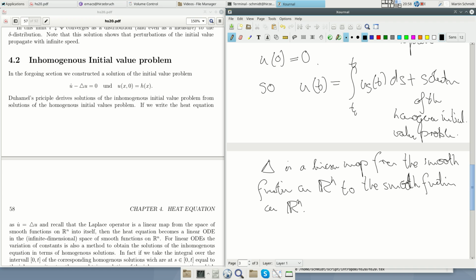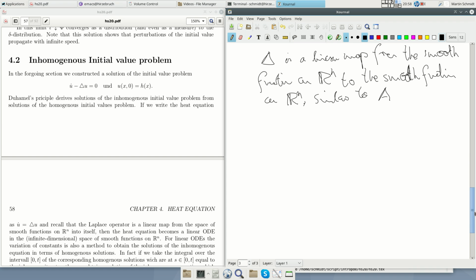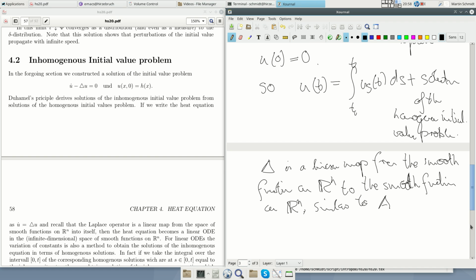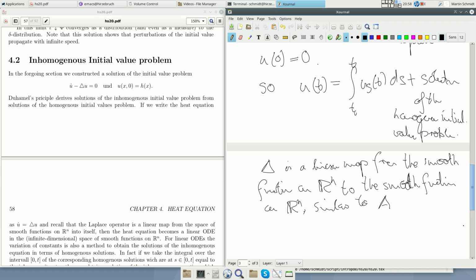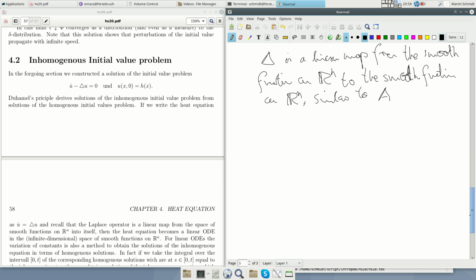So it is indeed a linear operator, similar to A, with the vector space V as the smooth functions. Of course, the assumptions will not be fulfilled strictly, but to explain, we cannot really solve the heat equation by this idea, but this Duhamel principle we can explain.